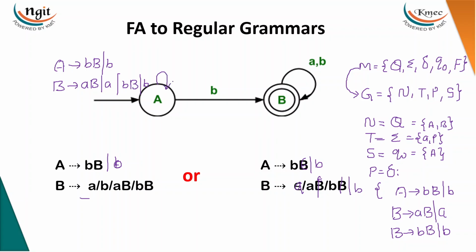For example, if on A I read a, where we are going A, but don't take the a alone here, because capital A is not a final state. For example, on B, if I read b, we are going to capital A. As A is not a final state, don't take it alone. That's what I'm trying to explain.